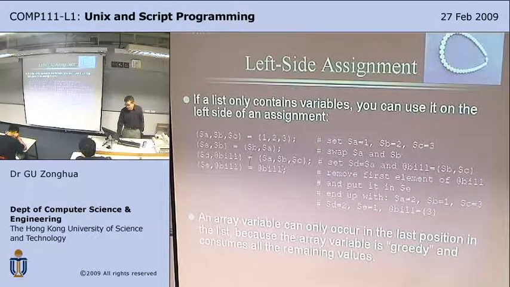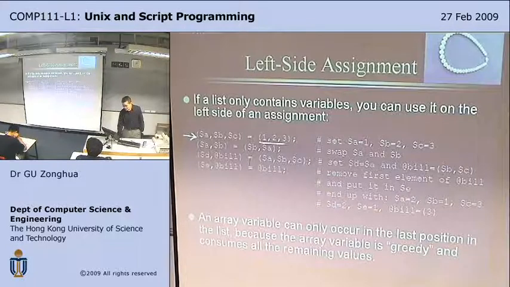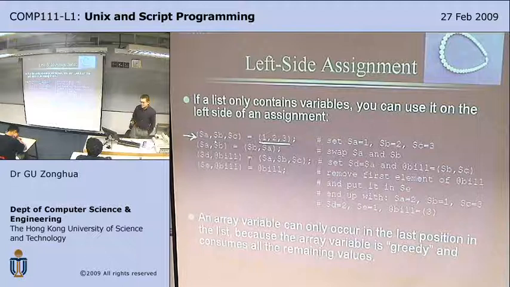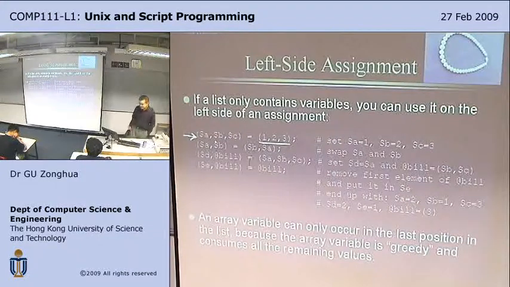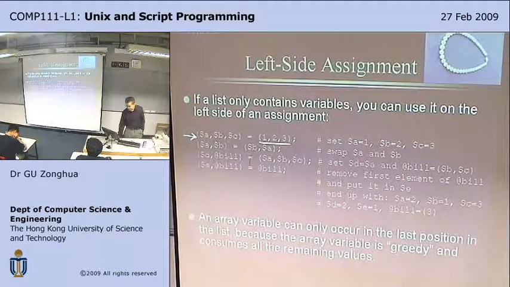If a list only contains variables, then you can use it on the left side of an assignment. So this guy assigns 1, 2, 3 to A, B, C. So A gets 1. It's assigned in order. A gets 1, B gets 2, and C gets 3.